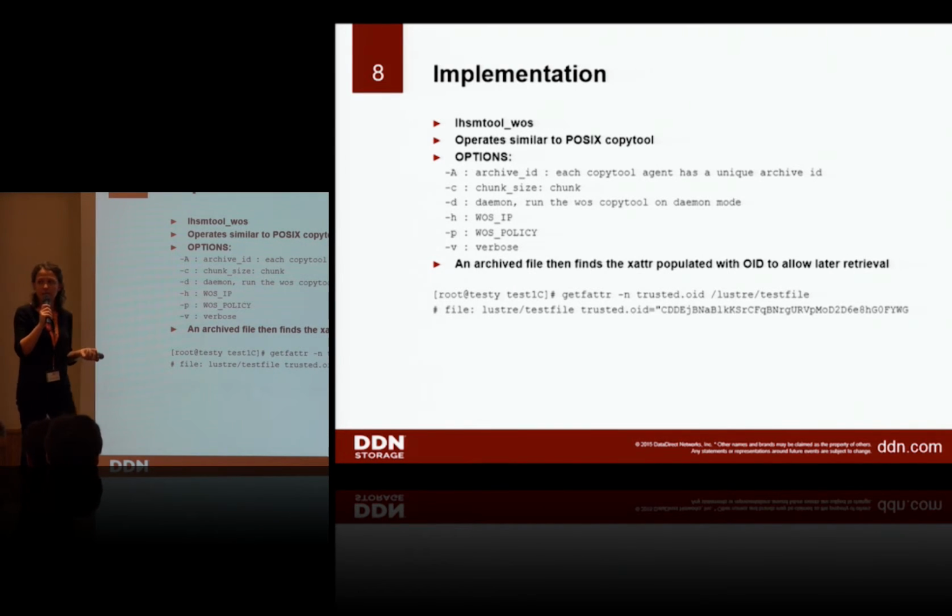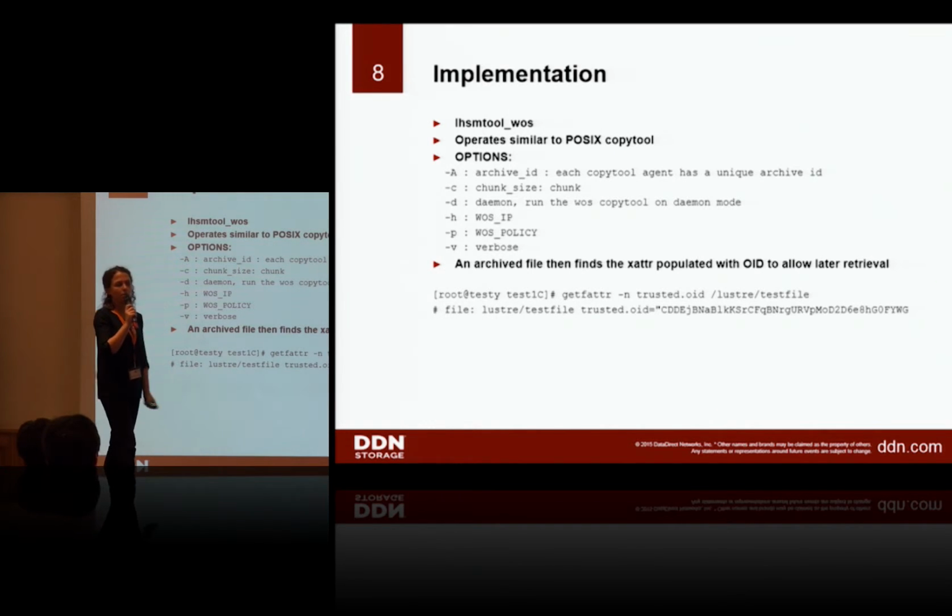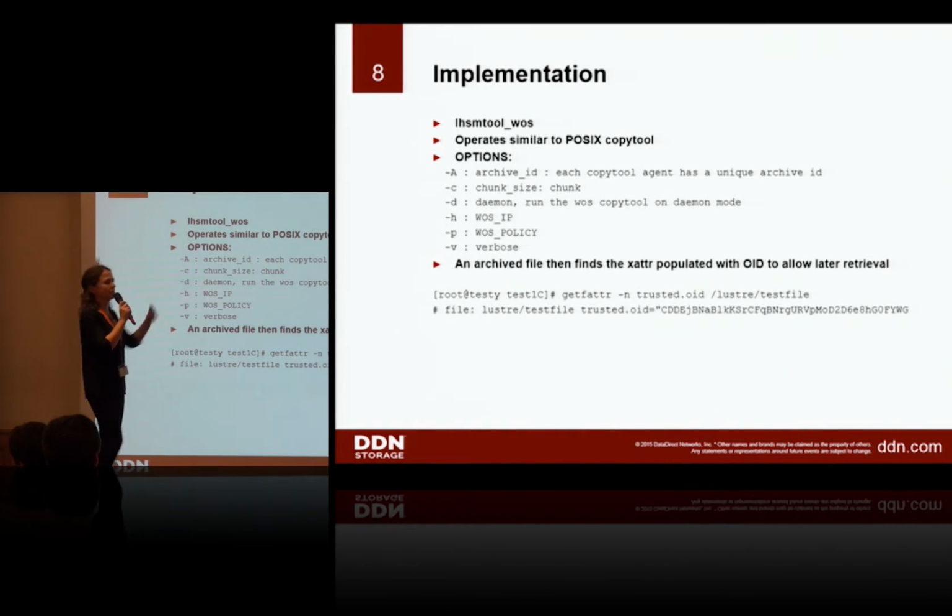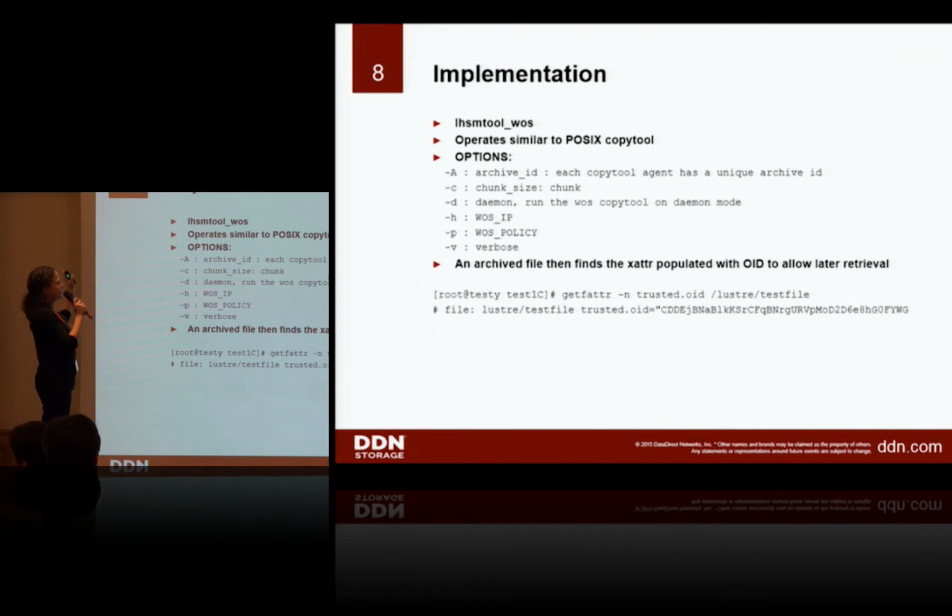If you are familiar already with Robinhood, they have explained the HSM commands. The WAS copy tool that we have implemented is very similar to the POSIX copy tool, so we follow a similar operation.